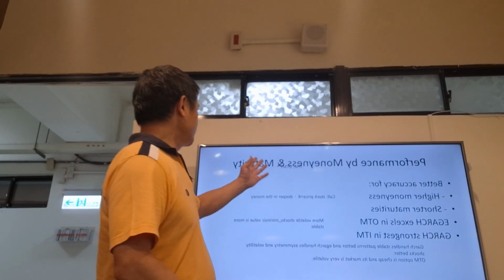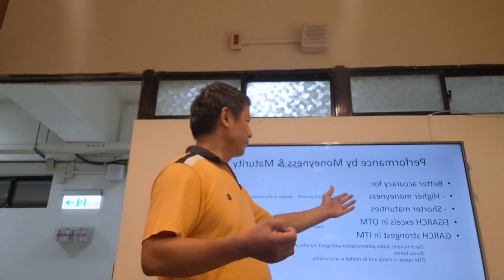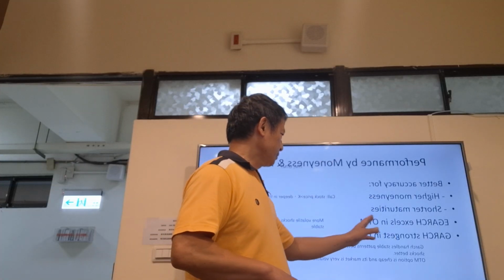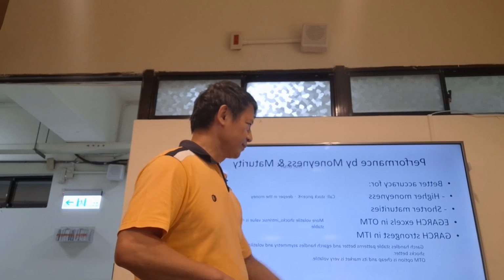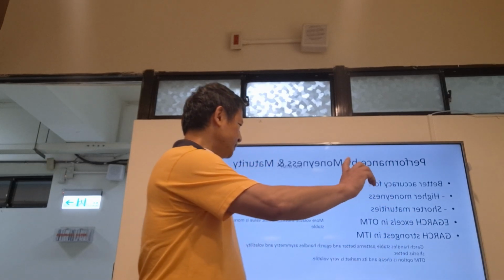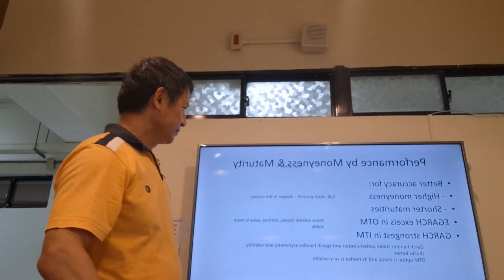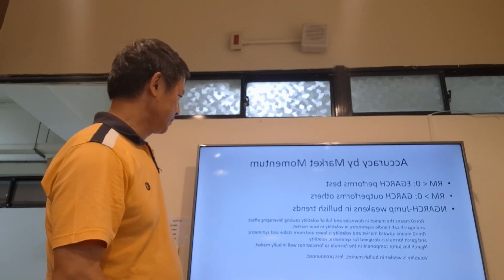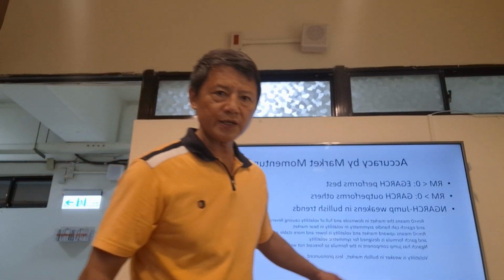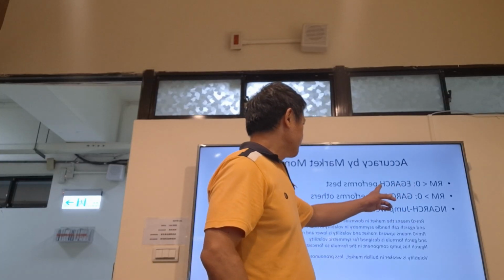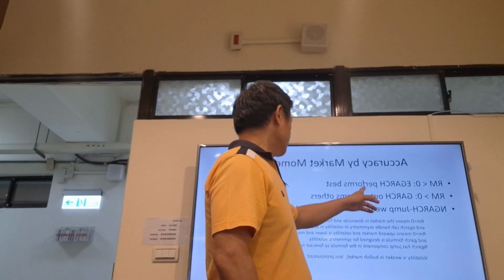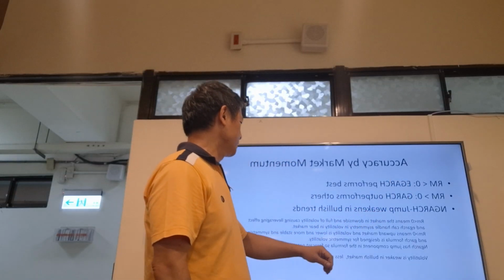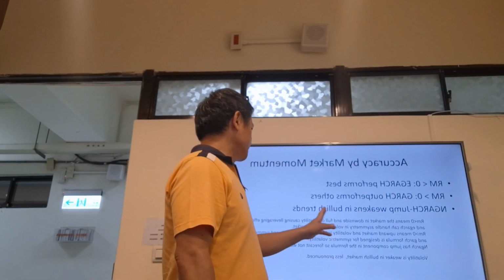For performance by moneyness and maturity, there is better accuracy for higher moneyness and shorter maturities, and one model excels in OTM, which is the downward trend, while another is strong in ITM, which is the upward trend. When it's an upward trend, one model outperforms the others, and EGARCH-jump weakens in bullish trends.